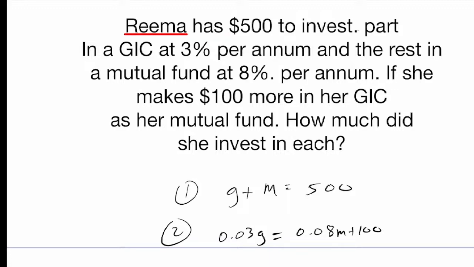Very good. She made $100 more interest in the GIC. Yes, we'd have to actually solve it to see what the specific amounts are that are invested, but this is the idea.